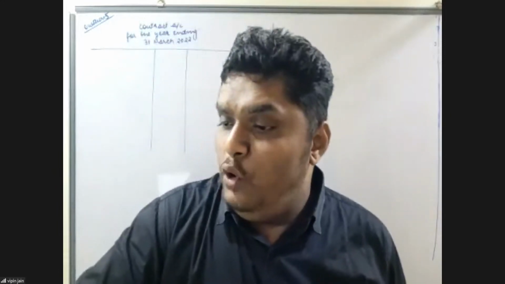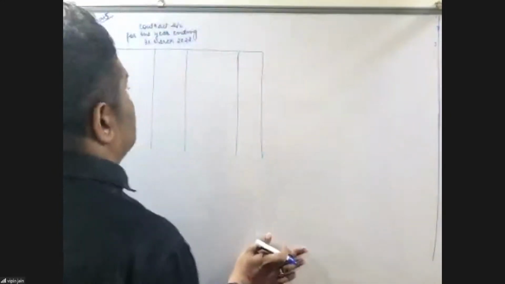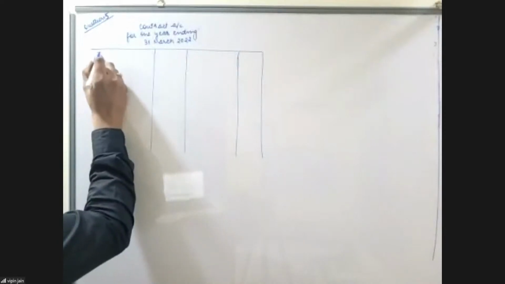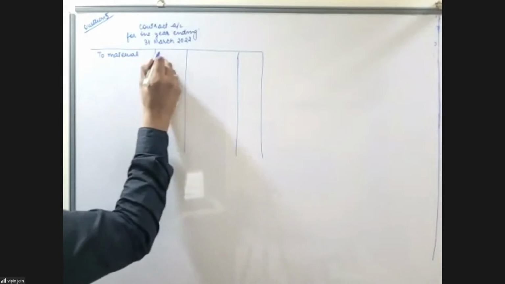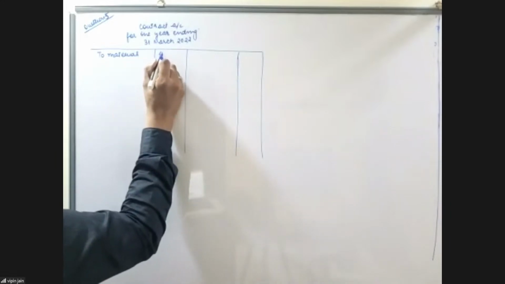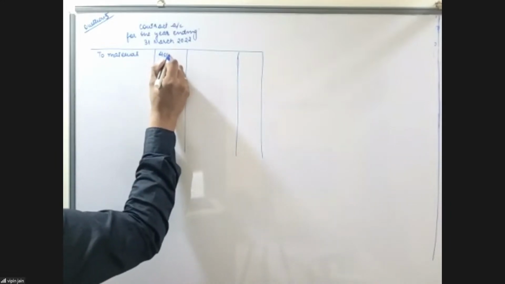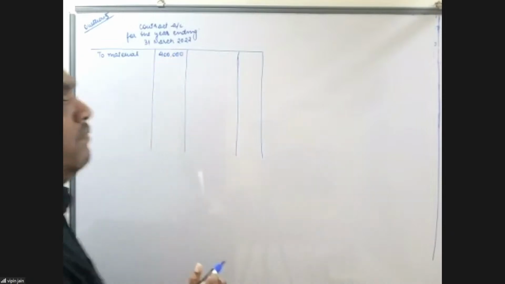So, to material 4 lakh. To wages 2,50,000, further prepaid at the end is 15,000.